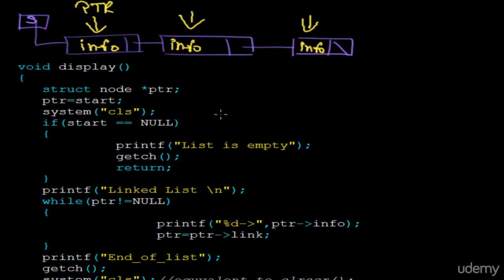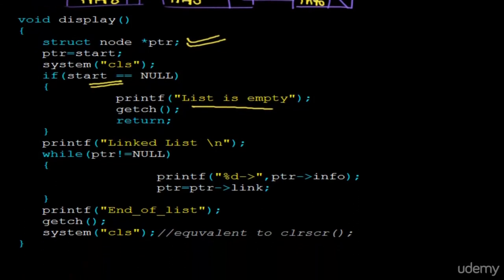So this is the display function where we are declaring a pointer ptr and then copying the content of start into this pointer. If start is null, means the list is empty, we can't display any content, then we will simply display this message and return.